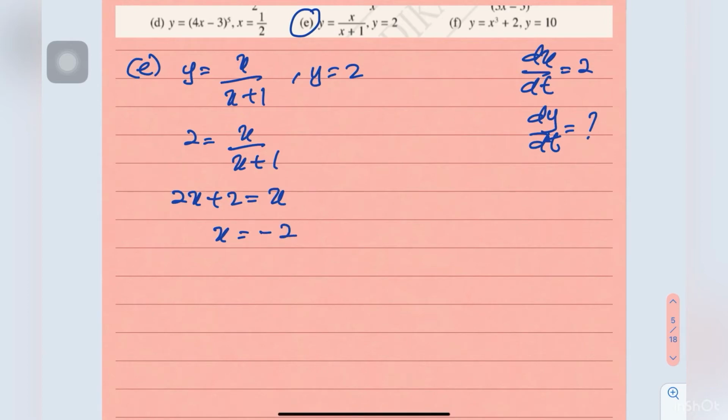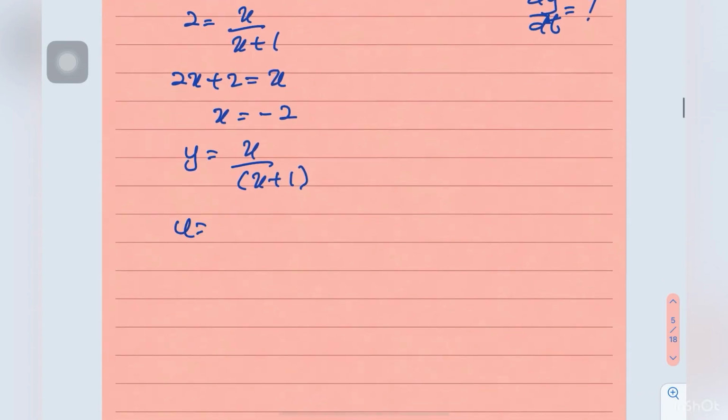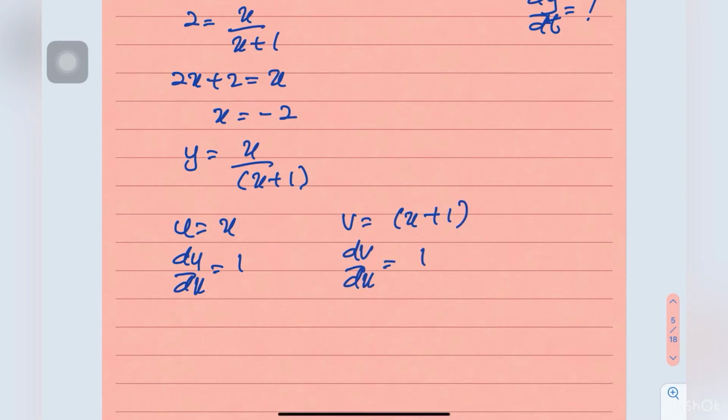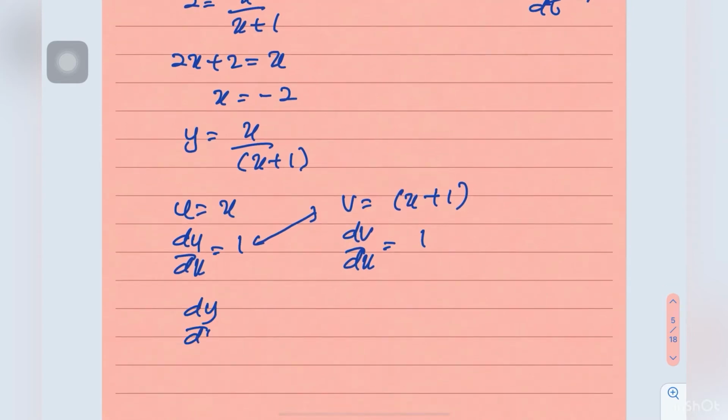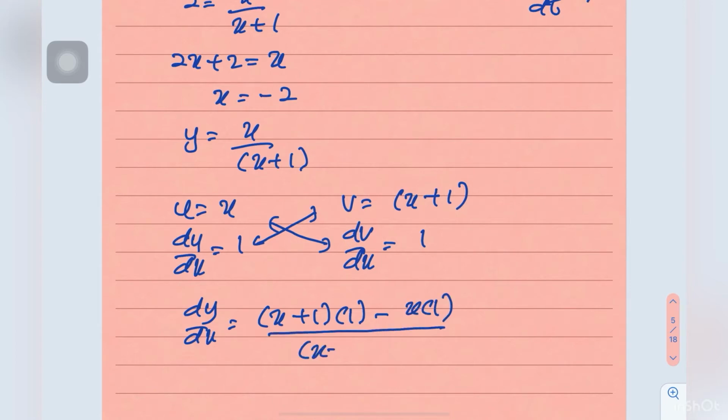So then you find dy/dx by using the quotient rule. Okay, so u is x, du/dx is 1. v is x plus 1, dv/dx equals 1. Okay, so by the quotient rule, dy/dx is (x plus 1) times 1 minus x times 1, over v squared, so (x plus 1) squared.